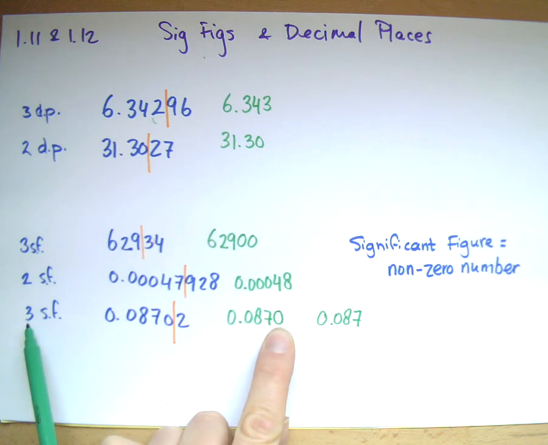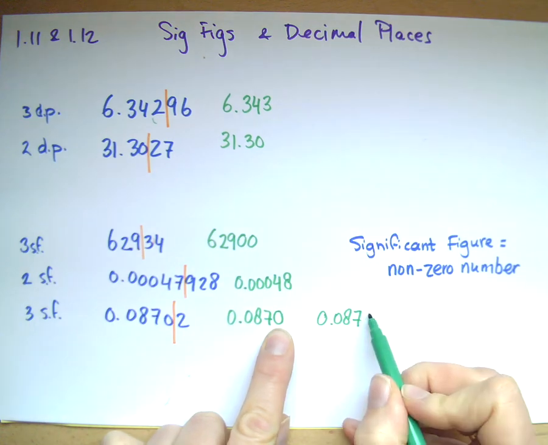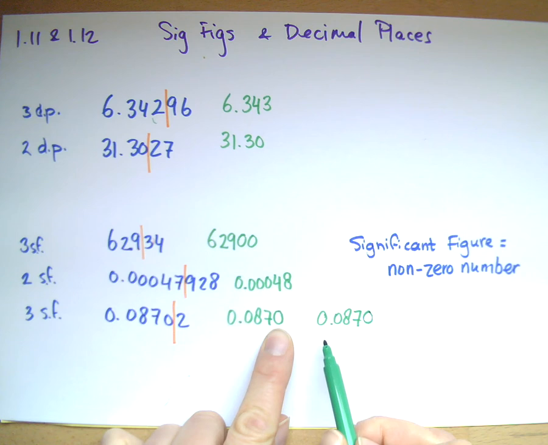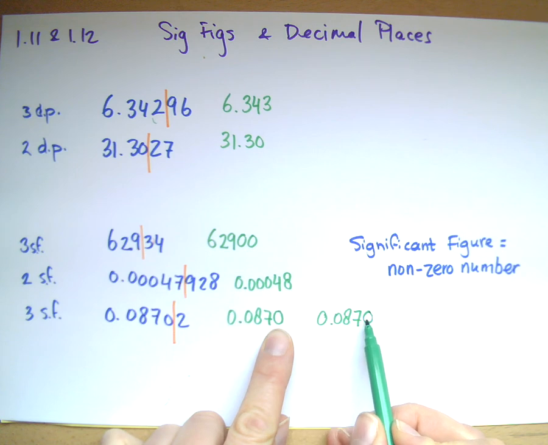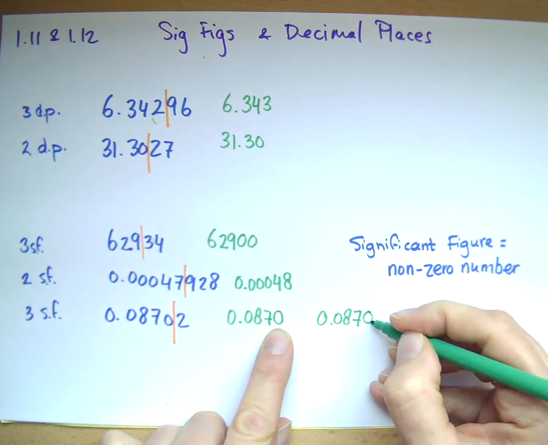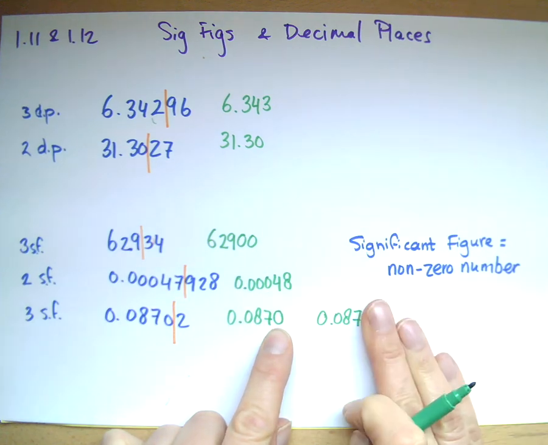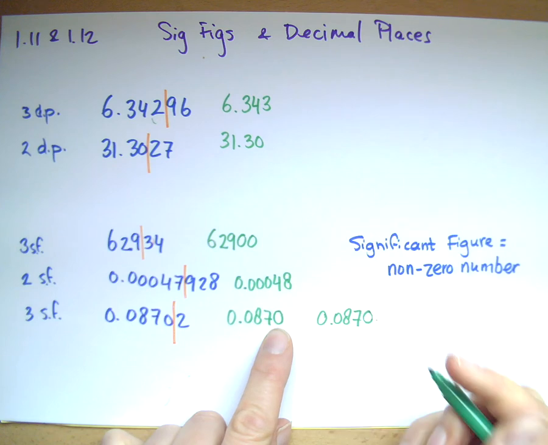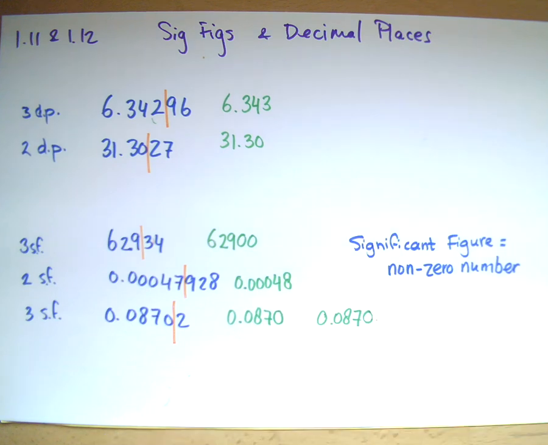But we wanted to be precise enough by giving 3 significant figures. So we do need to put that 0. And it tells us that our answer is more precise than if we would write this, right? We've got 3 significant figures here.